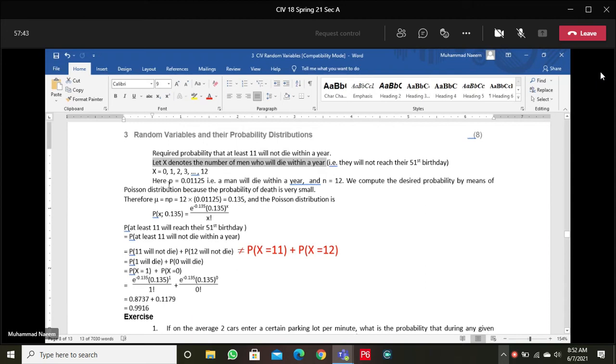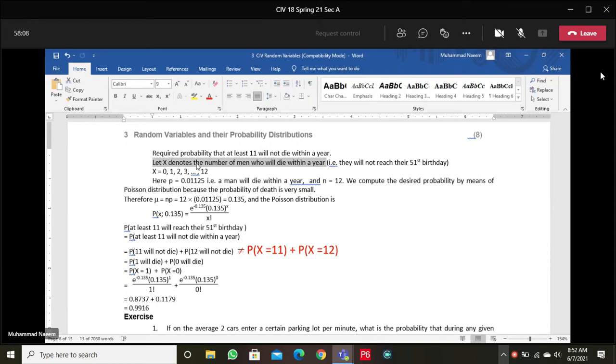Okay. P is the probability. What is P? P is always the probability of 1 as you define your variable. As the variable shows the number of men who will die, the P must be the probability of a man who will die.